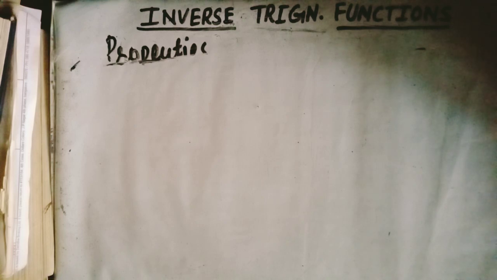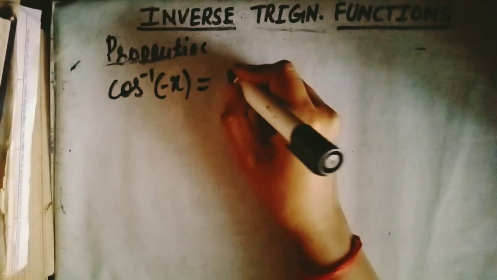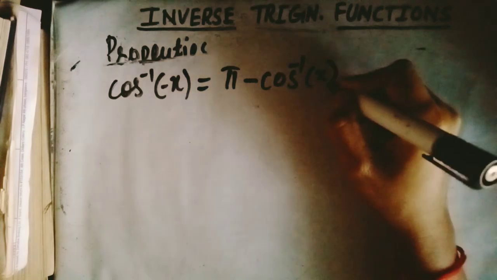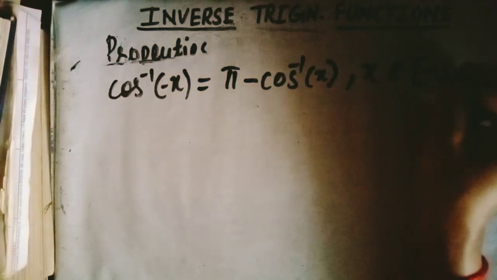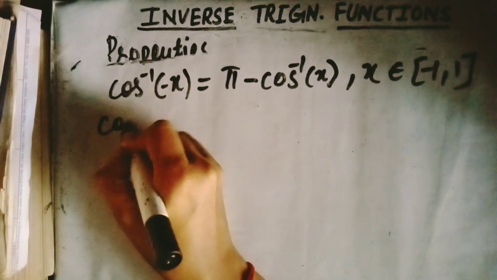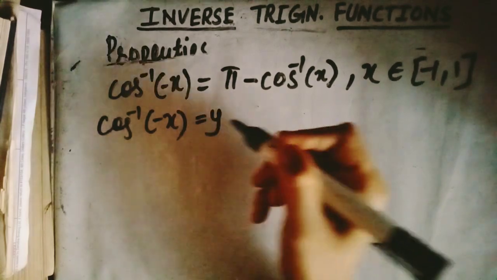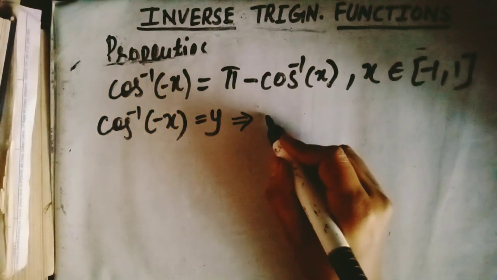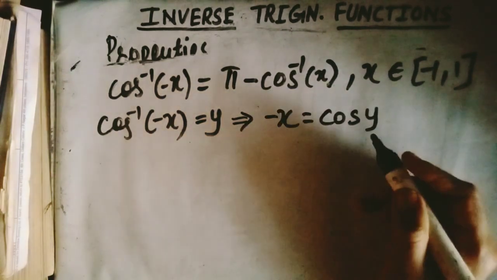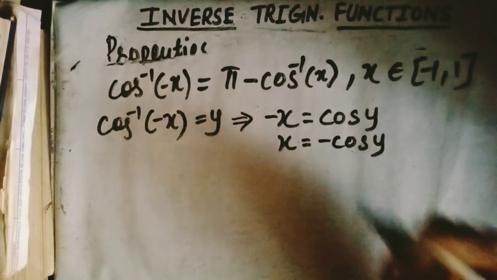Then also we have cos inverse of minus x, which is pi minus cos inverse of x, where x belongs to minus 1 to 1. So let's prove this. Taking cos inverse of minus x to be equal to y, we can write minus x equal to cos of y. Then x is minus cos of y.